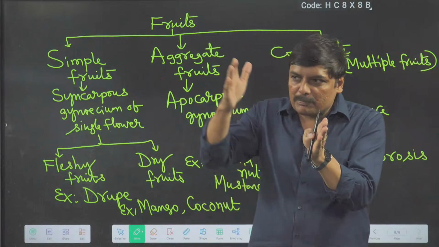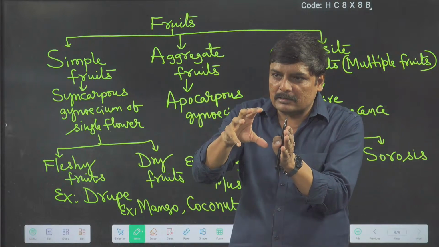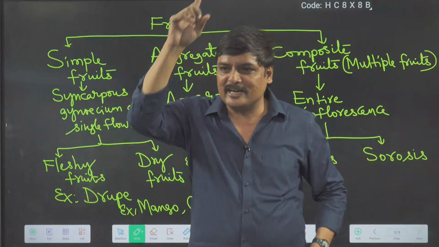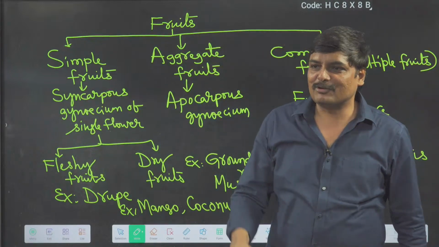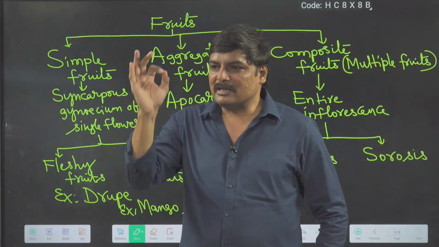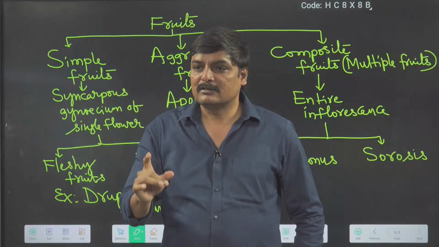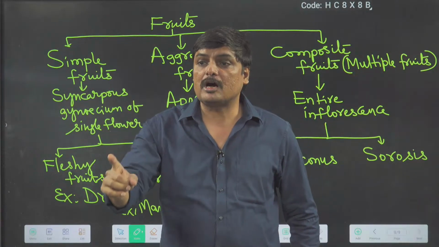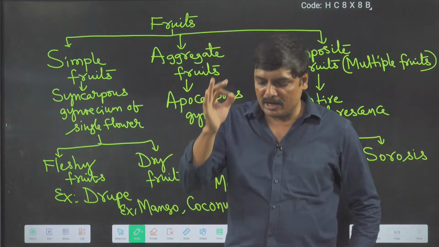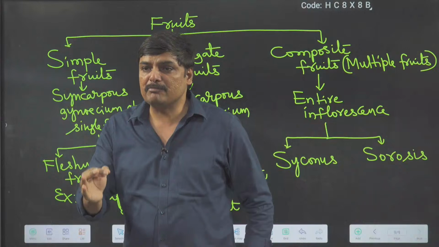Between the endocarp and epicarp, there is a fleshy part, that is the mesocarp. So which part of the mango is edible? The question may be asked. The edible part of the mango is the fleshy mesocarp.